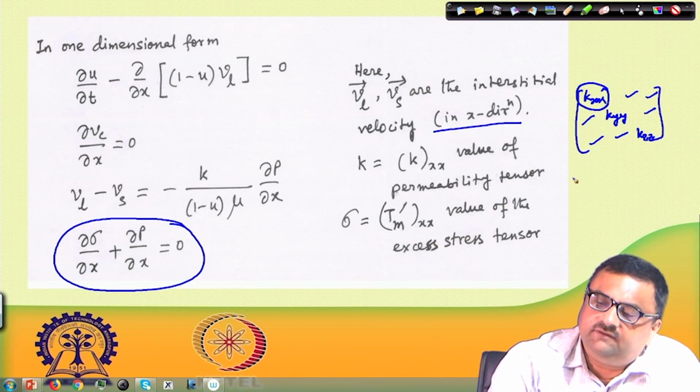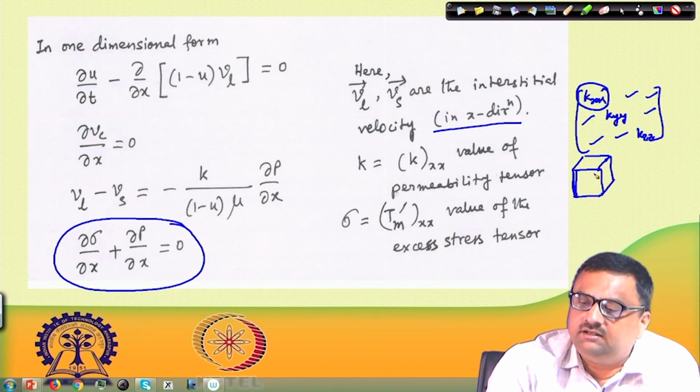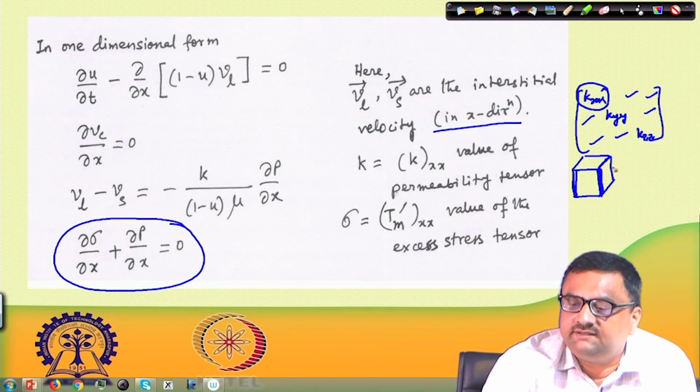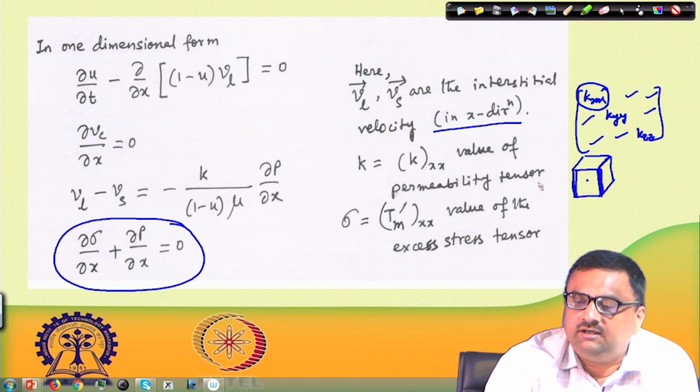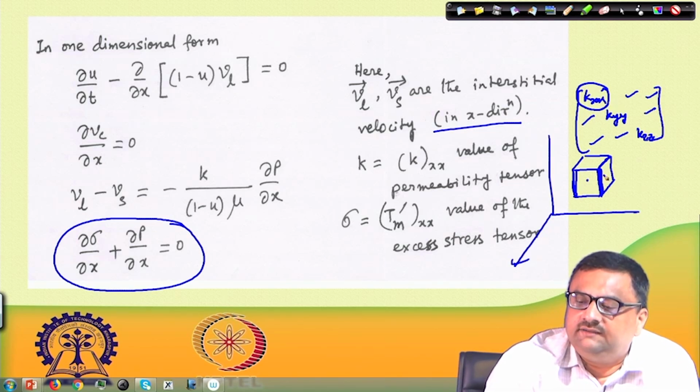Basically, if we have a differential element, then we can consider a stress tensor at a particular point. Let us say we have x, y and z direction, if this is x, this is y and this is z.